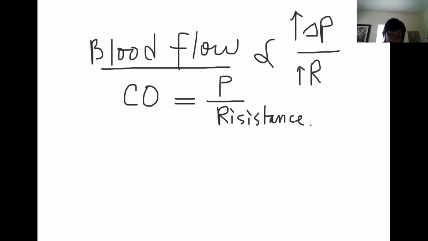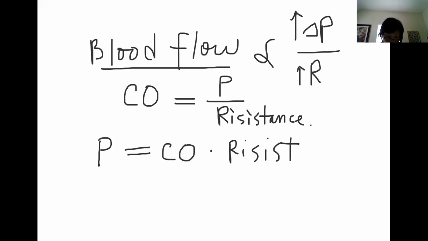If we talk about the blood pressure regulation, we can change this formula a little bit. Then it's cardiac output and resistance on this side. Basically this formula tells you pressure is related to these two big factors, either output or the resistance.